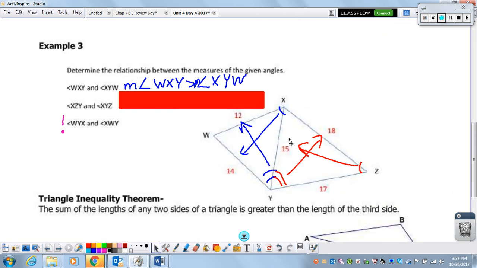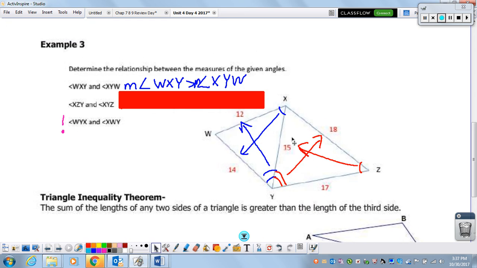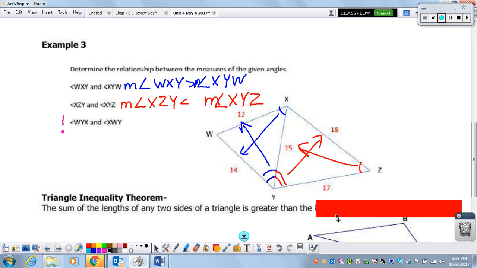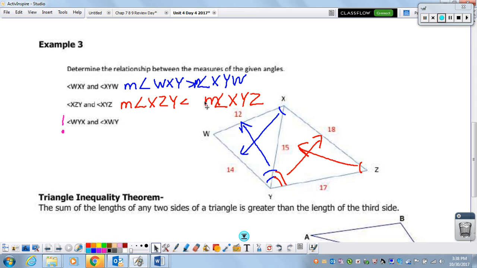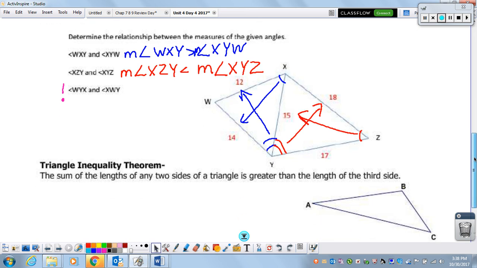So the measure of angle XZY is less than the measure of angle XYZ. This last one, angle WYX and angle XYW, I'd like you to try on your own. See if you can figure out which angle is bigger.